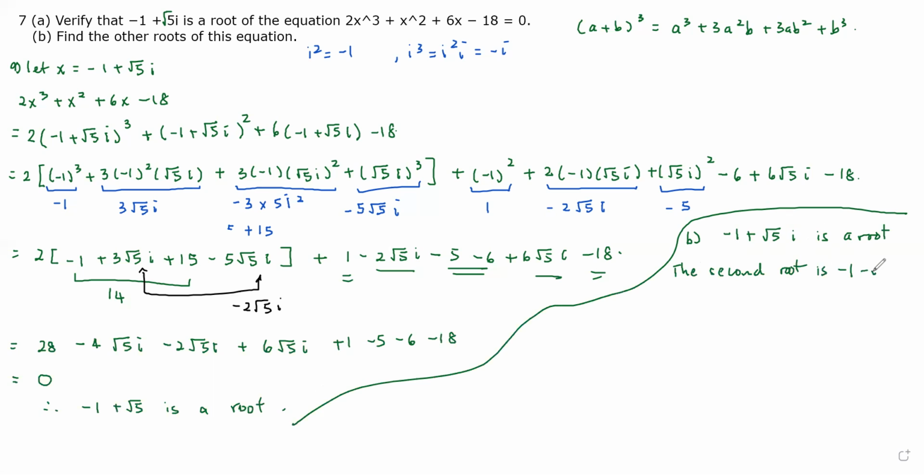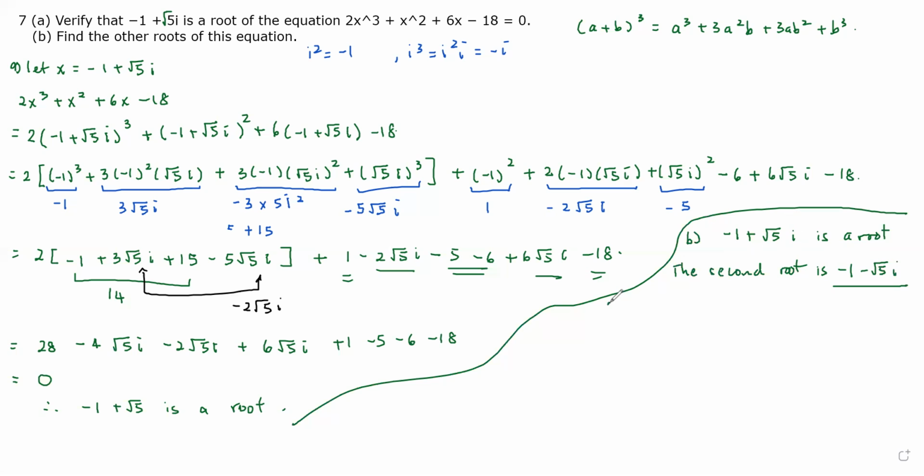Here, -1 minus square root 5i. This will be the second root. Because this is a cubic equation, you should have 3 roots. We use these 2 roots to find the third root for this case here.